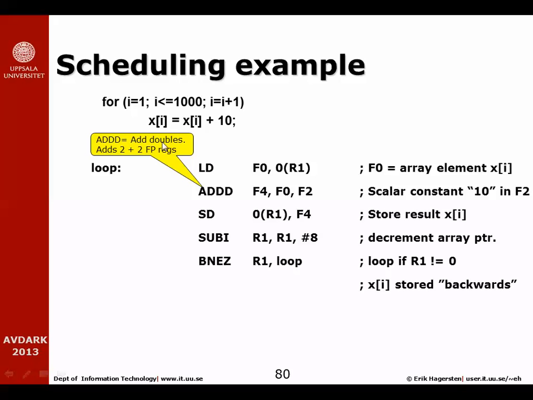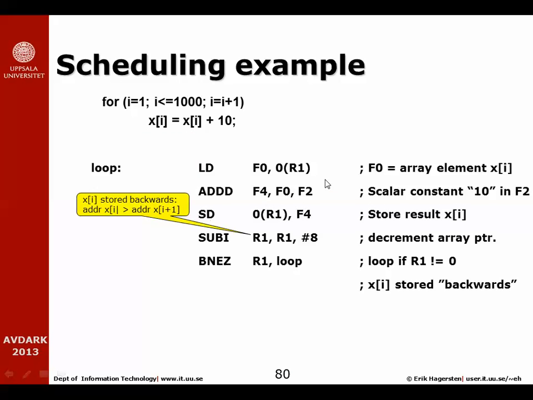Add double means we are going to add the contents of 2 adjacent registers and another 2 adjacent registers together. So here the floating point registers 0 and 1, those 64 bits, are going to be added together with the floating point registers 2 and 3, those 64 bits, and the 64-bit result is going to be stored in floating point register 4.